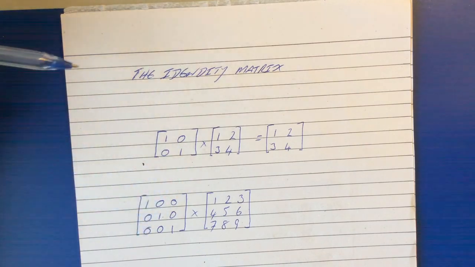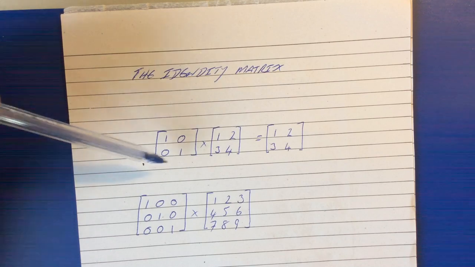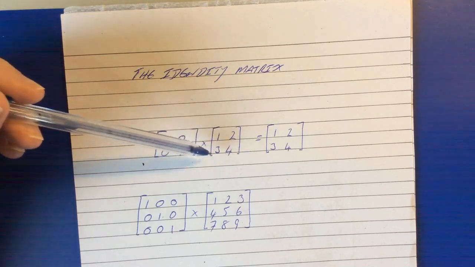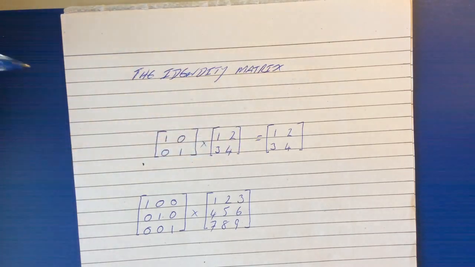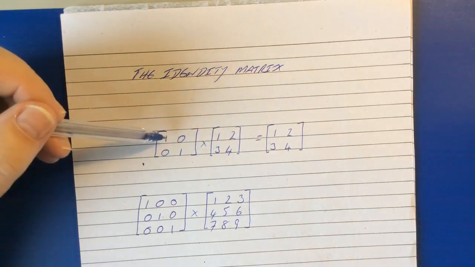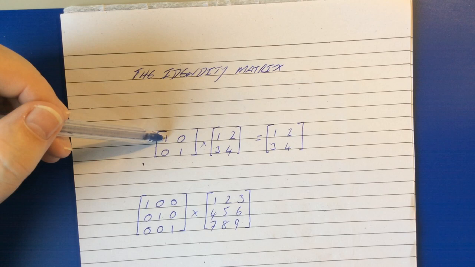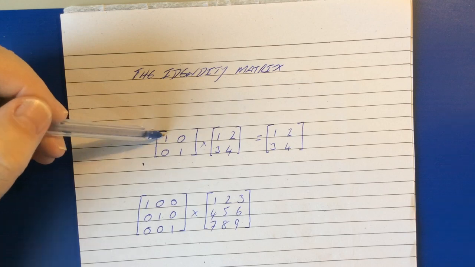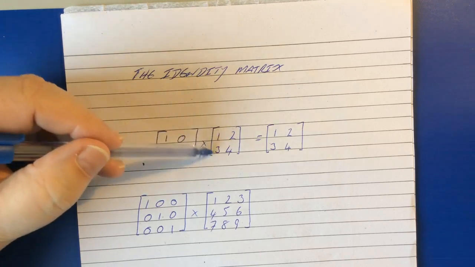What these things do is they have the effect of multiplying another matrix that looks like them by 1. Let's see quickly how that works. To multiply a matrix, we take these numbers and multiply them by these numbers.